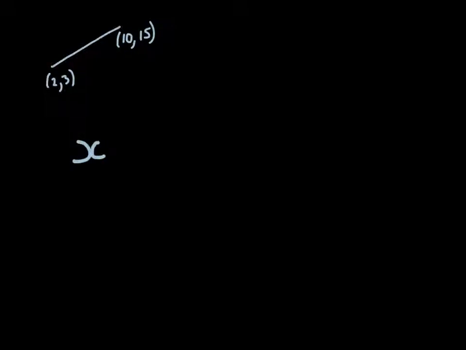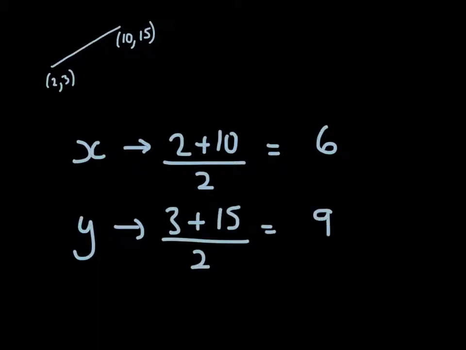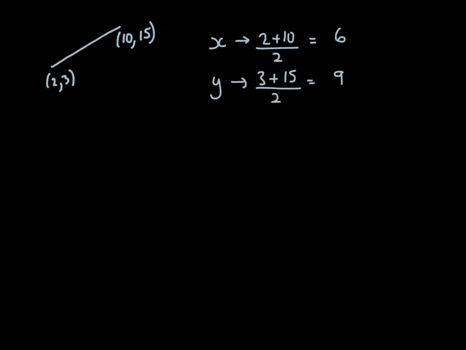So our midpoint on the x coordinates is just going to be 2 plus 10 divided by 2, which is equal to 6. And for the y coordinates, it's going to be 3 plus 15 over 2, which is equal to 9. So the coordinate of our midpoint would be (6, 9). Couldn't be simpler.